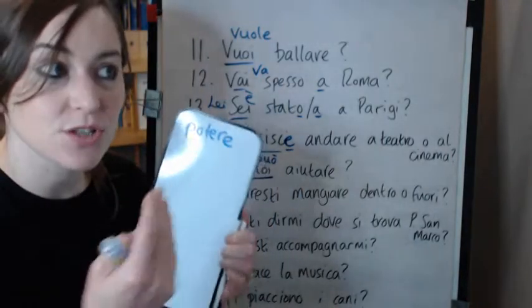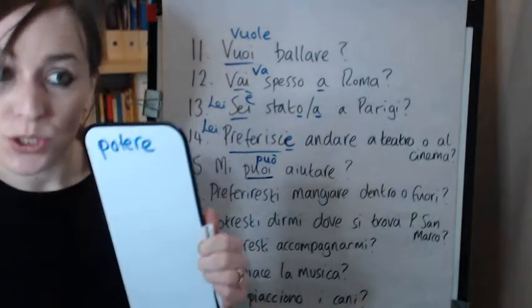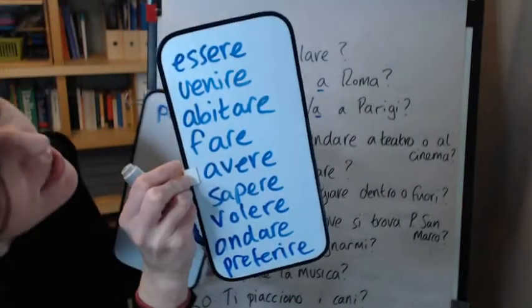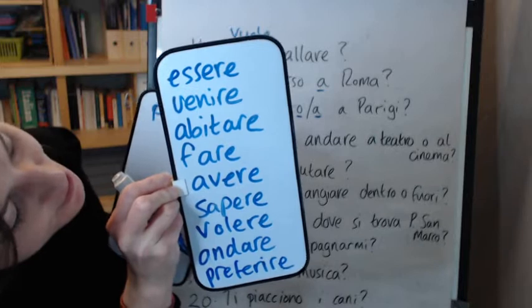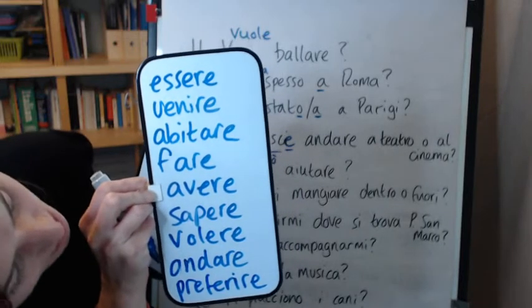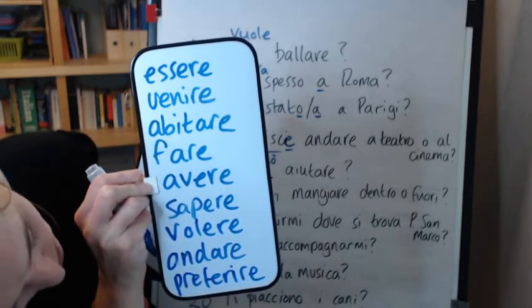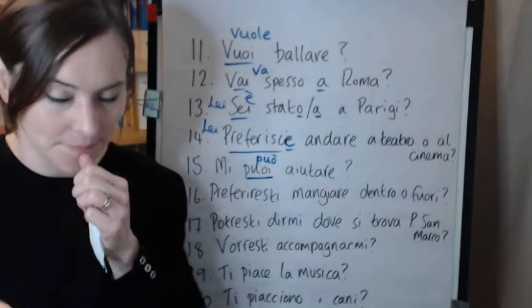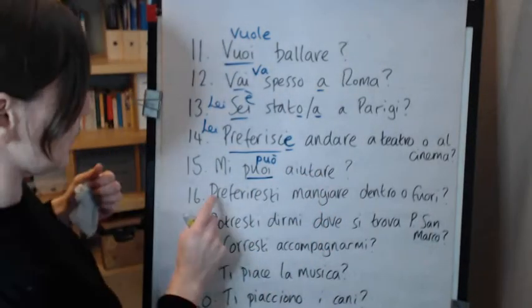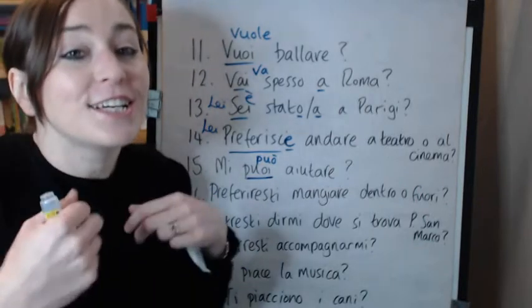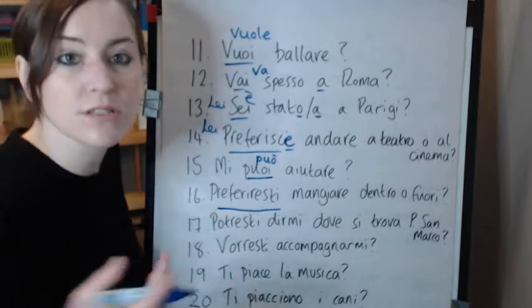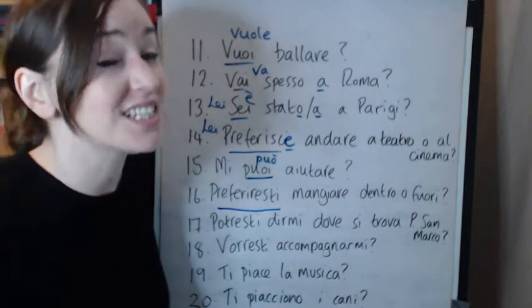And it translates into English as like to something, to do, to go, to want, to look, to be, to come, to live, to do, to make, to have, to know, to want, to go, to prefer, to be able. Okay? So, now we're going up a notch again, because here, this is in the tu form, but it's not the present tense anymore, it's the conditional.